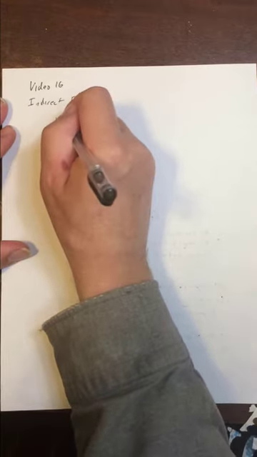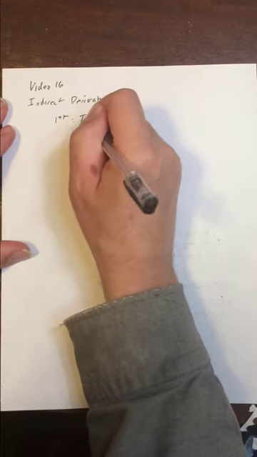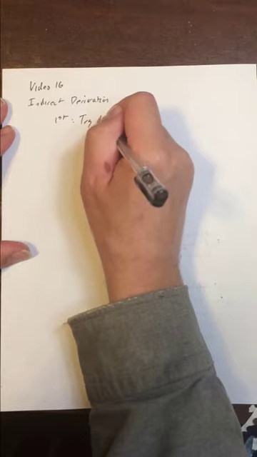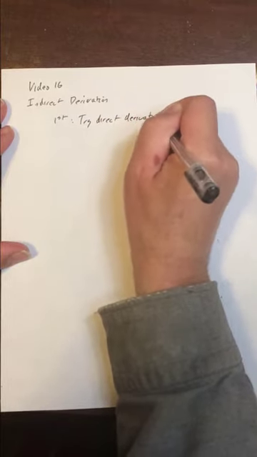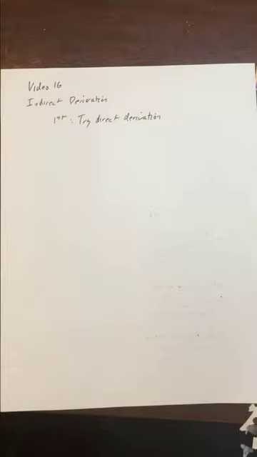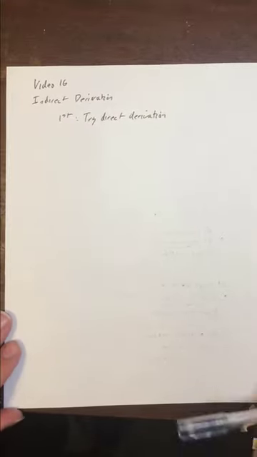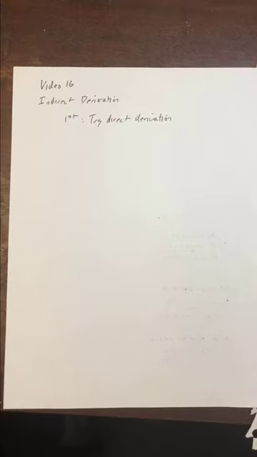First, try direct derivation. Direct derivation is always the easiest thing to do. If you're just given a set of premises, start out by seeing what you can infer from them. And if you can get to the conclusion, you're fine.